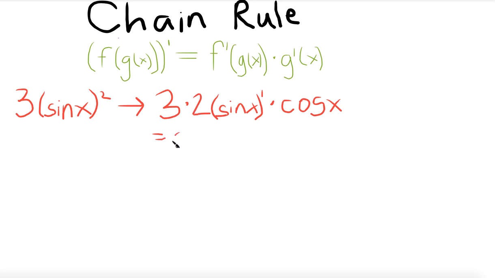So 3 times 2 we have 6, and then sine of x to the first is just sine of x, and then we multiply by our cosine x. Sorry, it's hard to have good handwriting with this writing program. So yeah, there's our finished product.